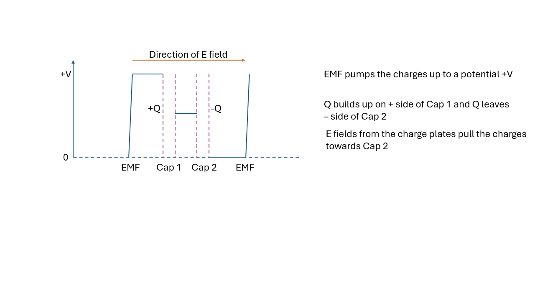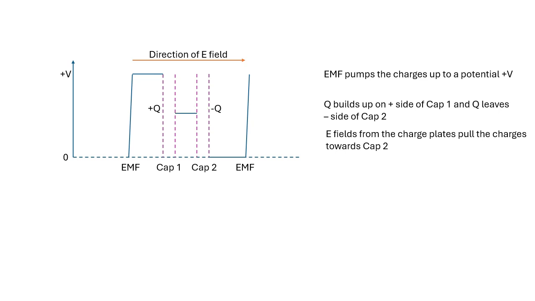Now, those charges on the outside plates of capacitor 1 and capacitor 2 create an electric field. And those fields move the charges in between the capacitors. You can see the potential difference that appears. So charges will move from capacitor 1 to capacitor 2 along the wire that connects them.